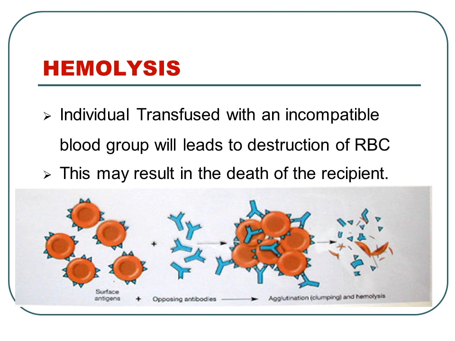This may result in the death of the recipient. You can see from the diagram the surface of the red blood cell has surface antigens, and when it is mixed with the opposing antibody, there is what you call agglutination, which eventually leads to hemolysis.